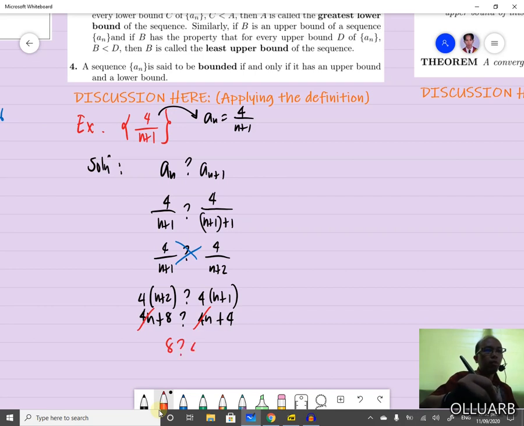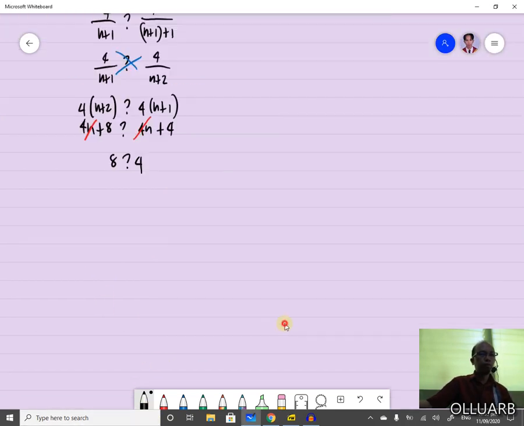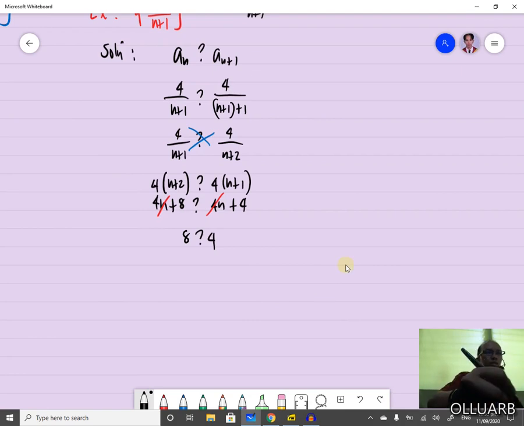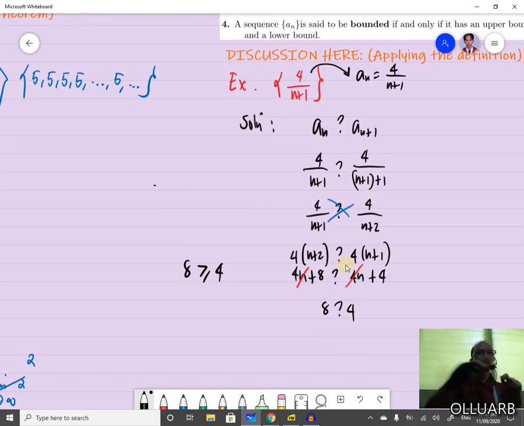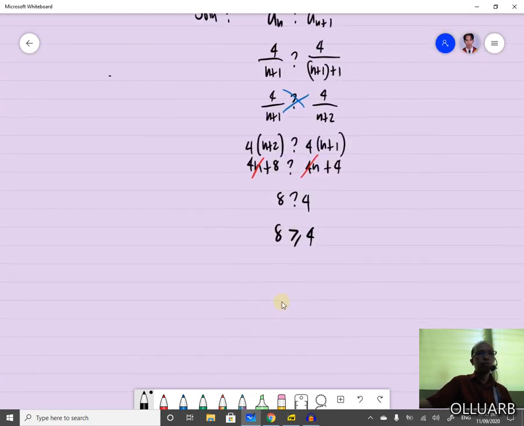We have 8 compared with 4, and clearly 8 is greater than 4. Therefore a sub n is greater than a sub n plus 1.